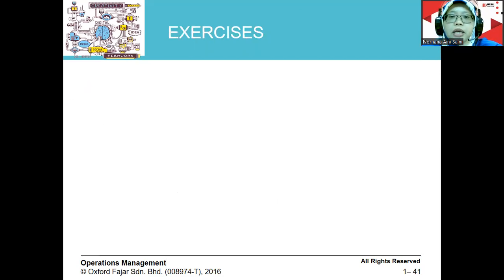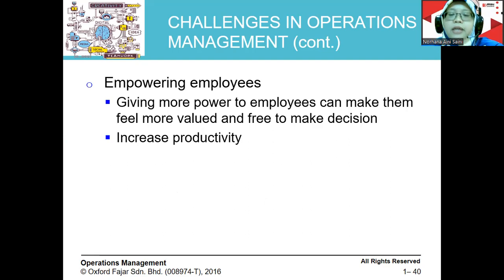What else do we have? We also have the empowering of employees. Giving more power to employees can make them feel more valued and free to make decisions. Empowerment is very important, and it also helps to increase productivity.